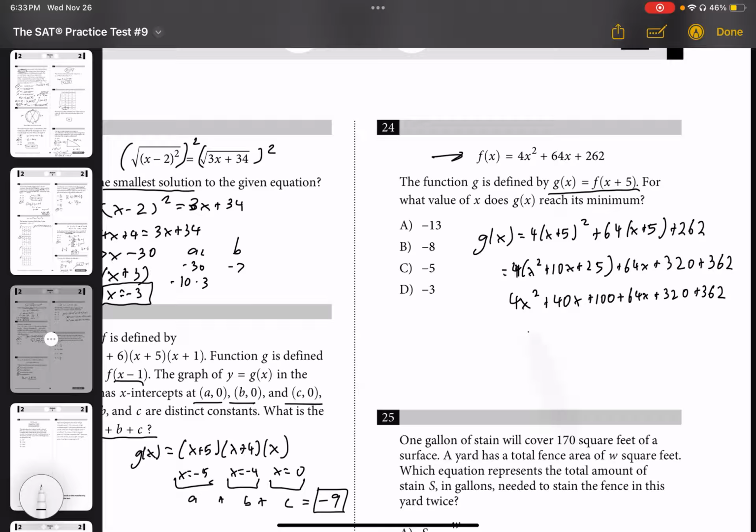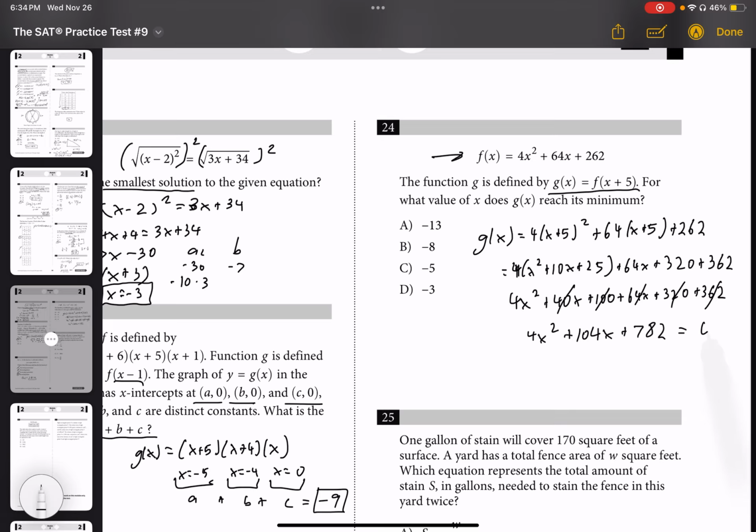So we have 4x squared, and then all our x terms, 40x and 64x, which is going to give us 104x, and then all our constants, 320 plus 362 is 682, plus 100, 782.